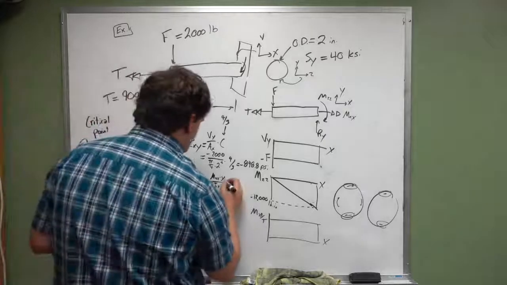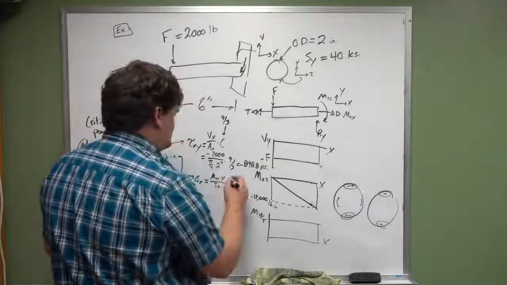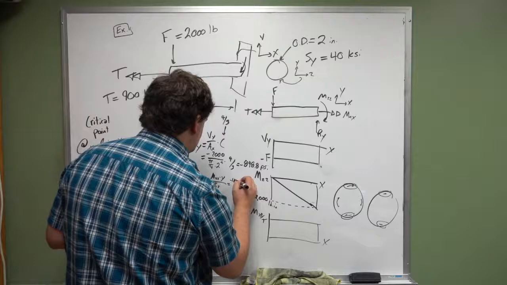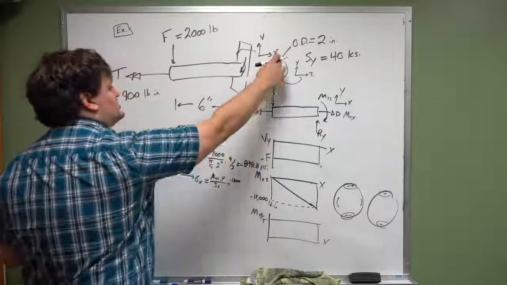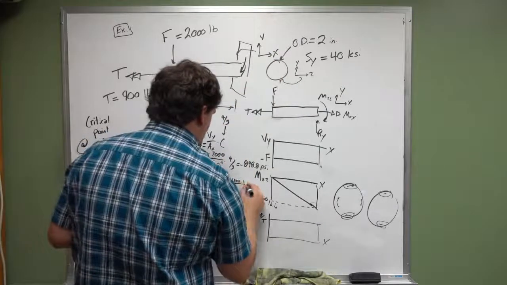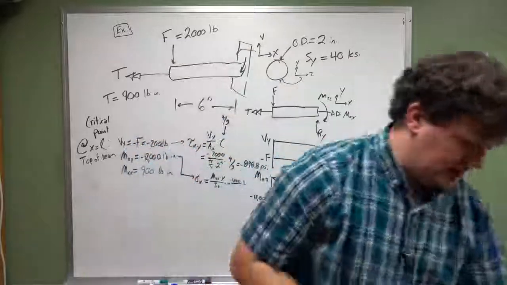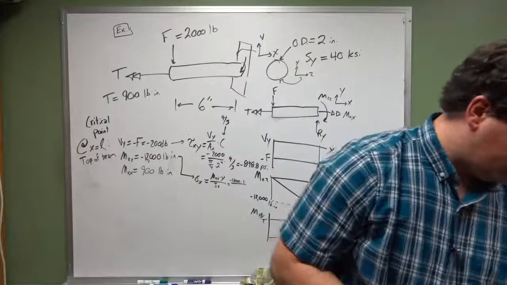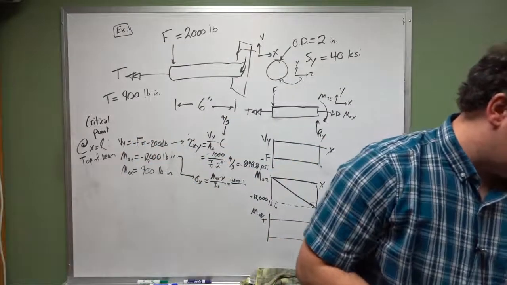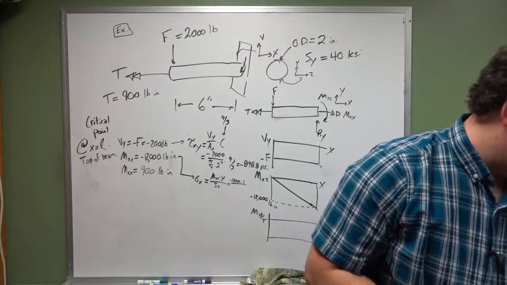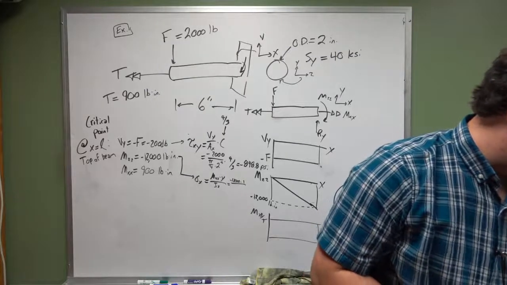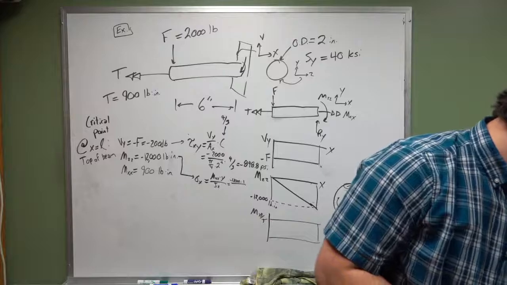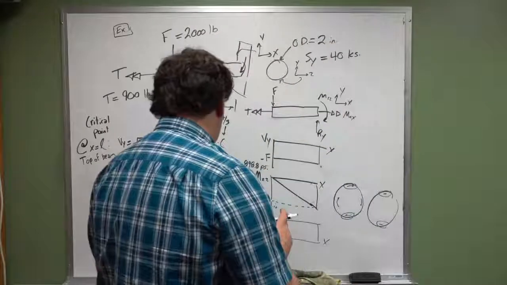Mzz is negative 12,000. Y is going to be 1 inch because it's a 2-inch beam, divided by the equation for Iz, which is pi d to the 4th over 64.